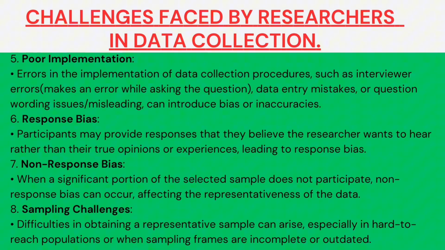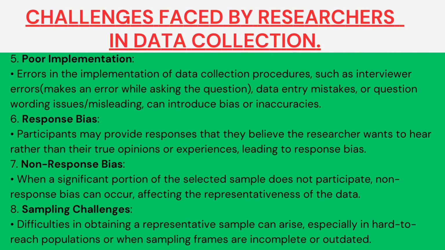Participants may provide responses that they believe the researcher wants to hear rather than their true opinions or experiences, leading to response bias. Non-response bias. When a significant portion of the selected sample does not participate, non-response bias can occur, affecting the representativeness of the data.